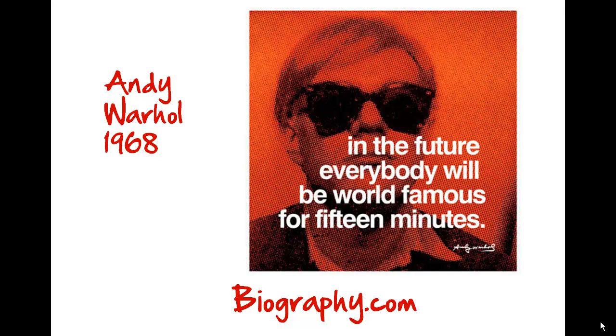He said that in 1968, long before the internet ever came along. So it's pretty interesting that he was able to figure out that lots of normal everyday people could end up being famous. And if you want to learn more about Andy Warhol, you can visit biography.com, and they have a nice short little video that can introduce you to why he was so important.